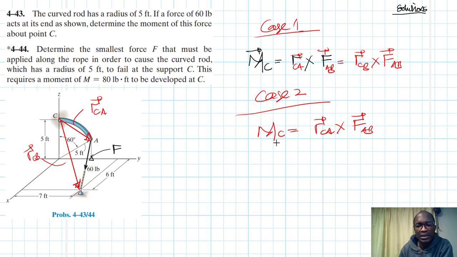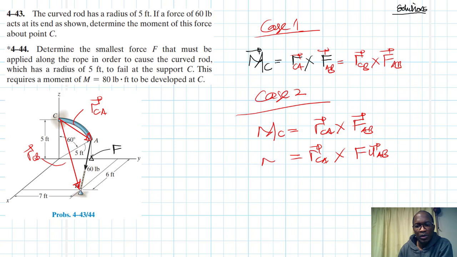But in this case, MC is given as a scalar, as a magnitude. So what we need to do now is to find F. So we need to write F using the unit vector. So we'll have RCA times F times the unit vector AB.